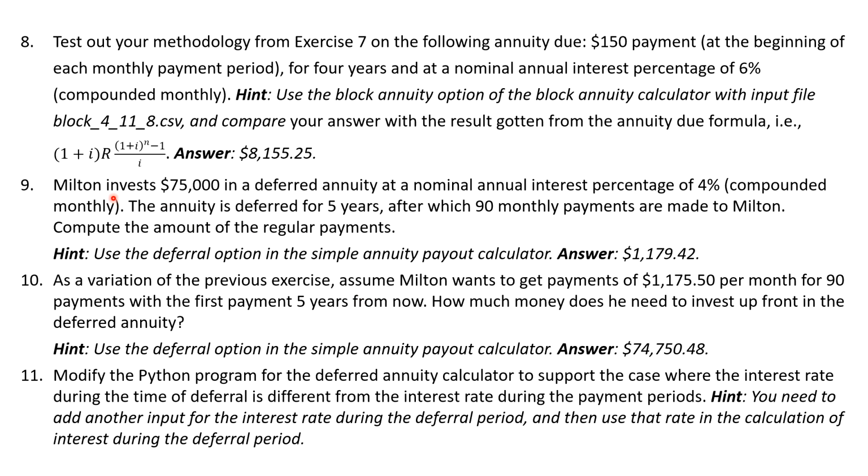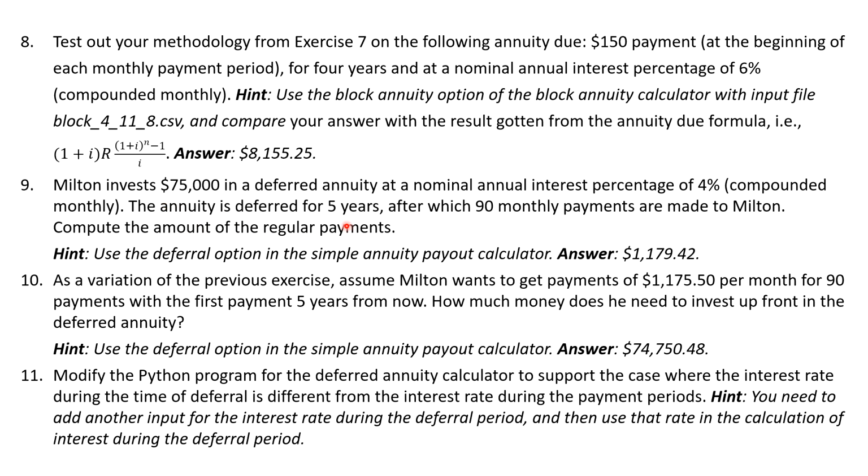Then we have problem number 9. Milton invests $75,000 in a deferred annuity at a nominal interest percentage of 4% compounded monthly. The annuity is deferred for 5 years, and then afterward there are 90 monthly payments made to Milton.